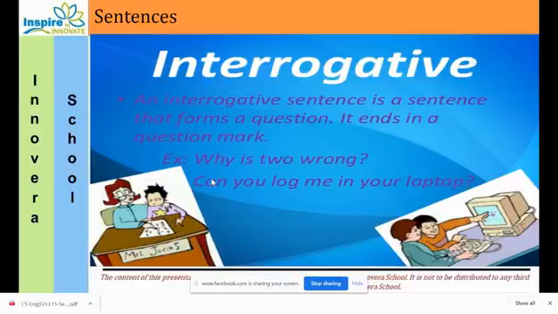If it is present tense singular form, we use does along with the verb to form the interrogative question, and if it is plural form, we add do before the verb. Same way, if it is past tense singular form, we add did along with the verb, and if it is past tense plural form, again did along with the verb. Understood?